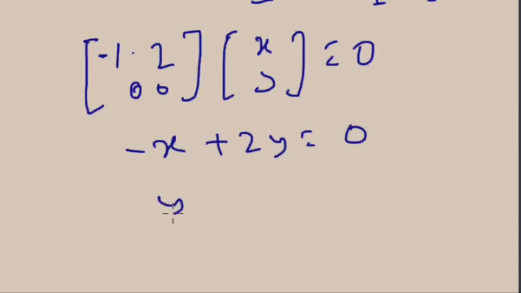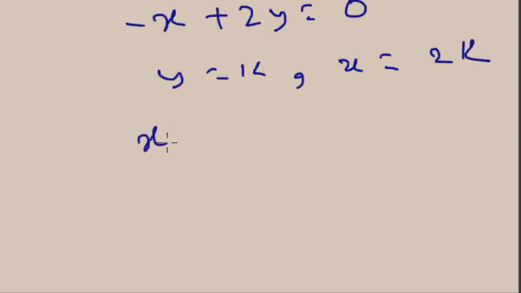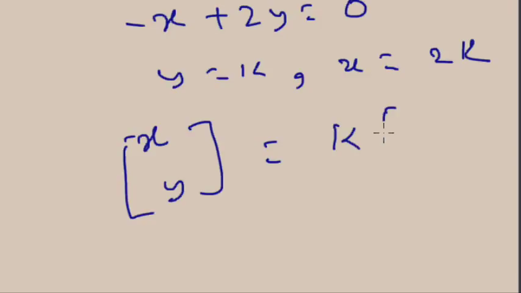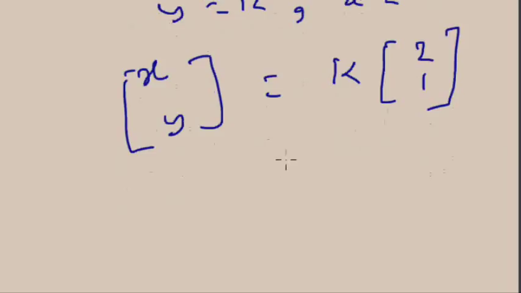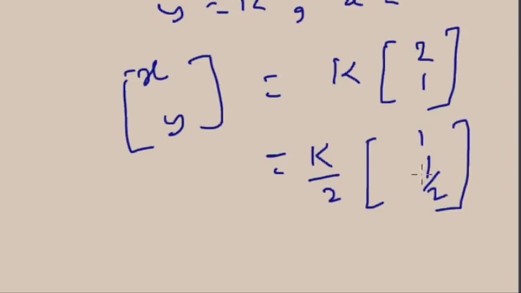So if y is equal to k, x will be 2k. So x y will be equal to k times 2 1. Taking 2 common, this is k by 2 into 1, 1 by 2. So this is the format. This vector is the second vector.